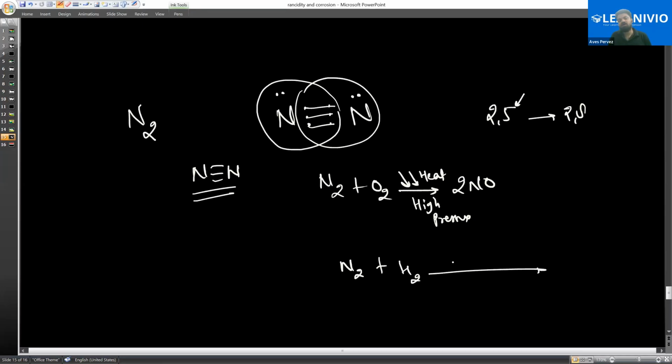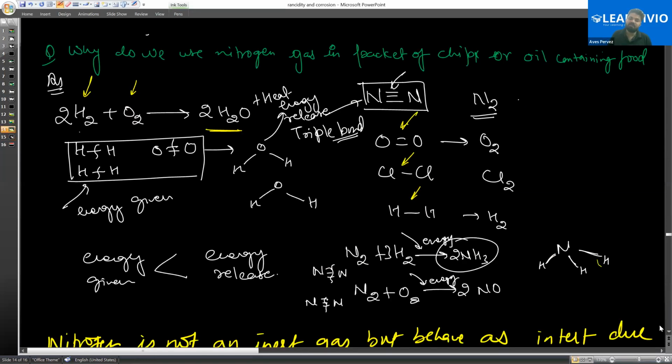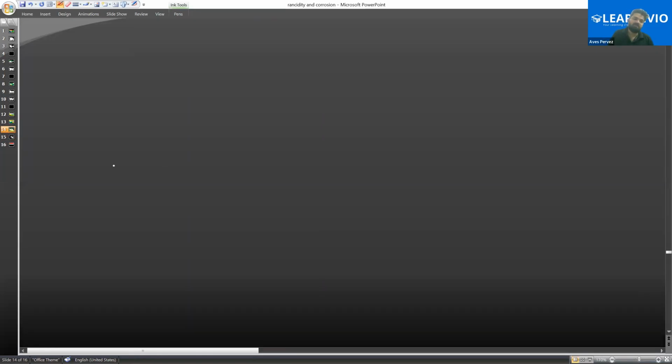It also occurs at high temperature and high pressure, and this is an endothermic reaction. So we say that nitrogen does not readily react with anything just because of the triple bond. It is not inert but behaves like an inert gas due to the triple bond between its molecules.